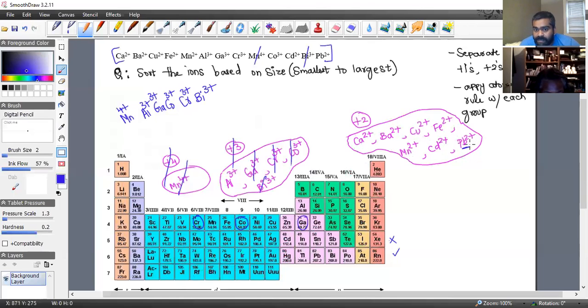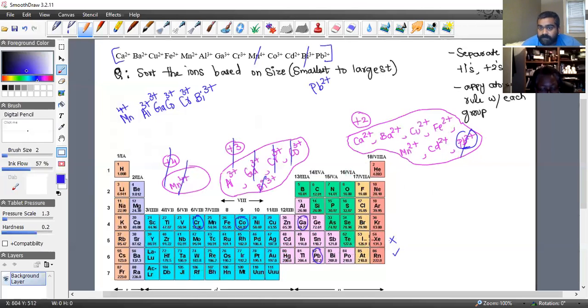Okay, Pb is at the very rock bottom, right? Is there anything else to the right or left of Pb? Looks like Pb is the dead end, right? There is definitely nothing to the right in that same row. You're focusing on the same row, okay? So Pb 2+ is the biggest of the bunch, right? Okay, we're done with Pb now.